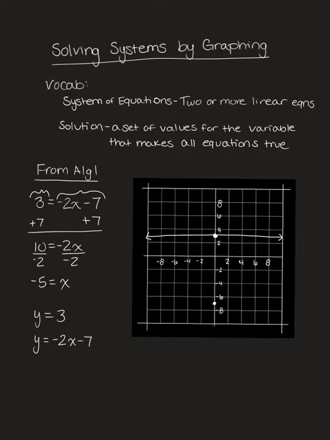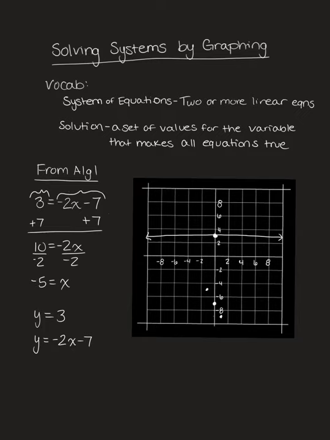So I'm going to start at negative 7 and go down 2. Watch my scale because I am going by 2's. So I go down 2 and to the right 1. I can also go up 2 and to the left 1.